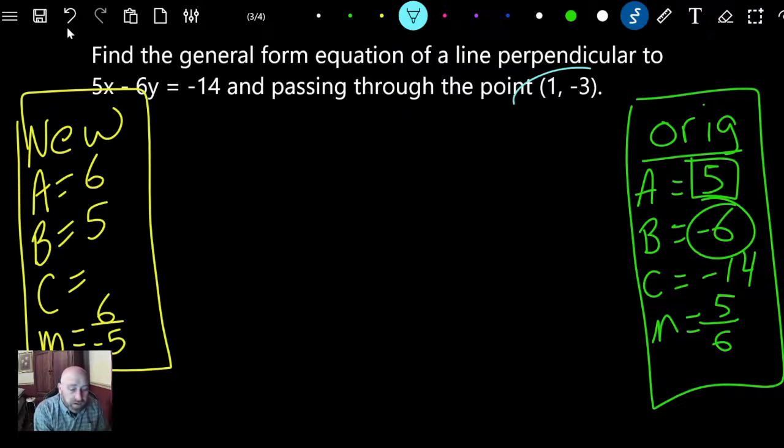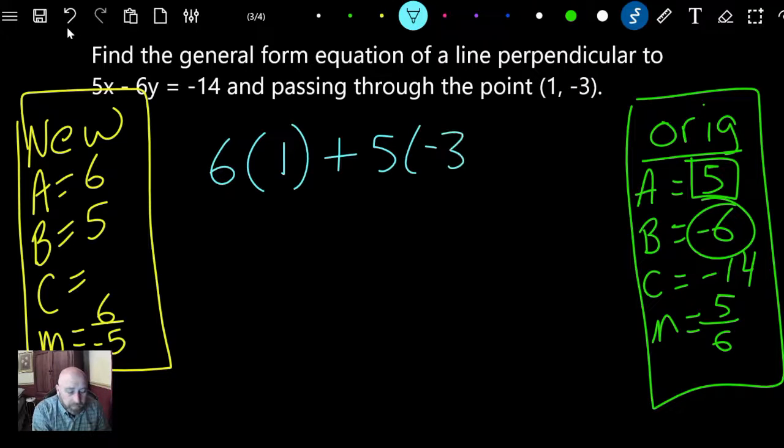So our standard equation, there's points 1 and 2. So we're going to have 6 is our A times our X is 1. This is going to tell us what our C is. That's what we're looking for right now. And then we're going to have a plus, and in this case, a 5 is our B times a -3.